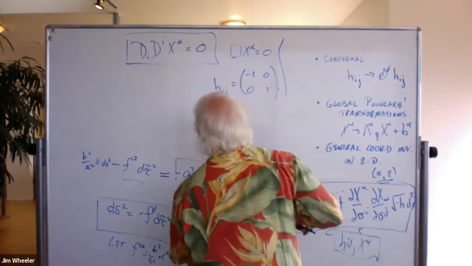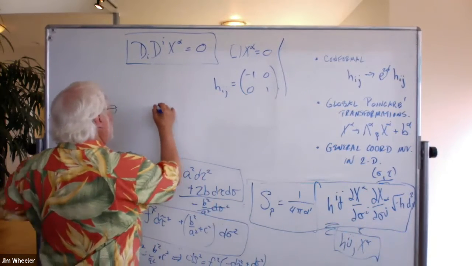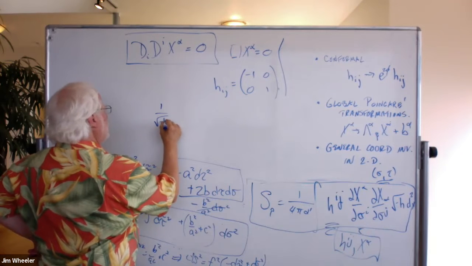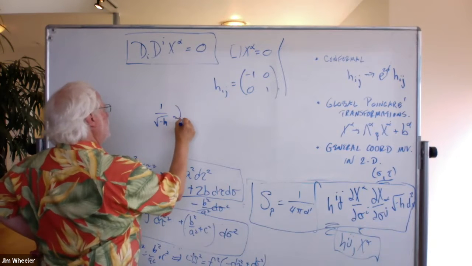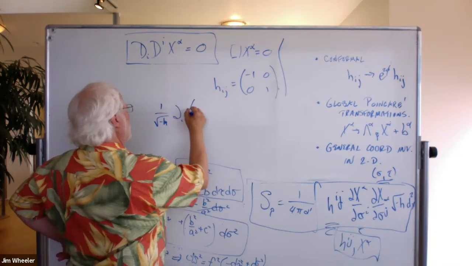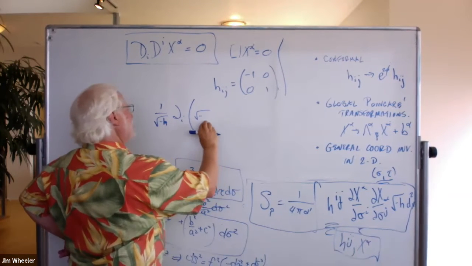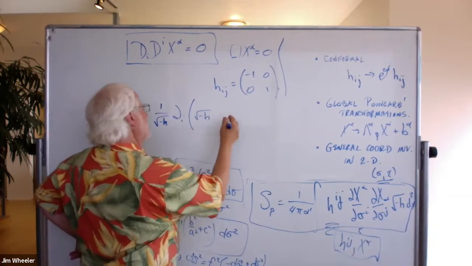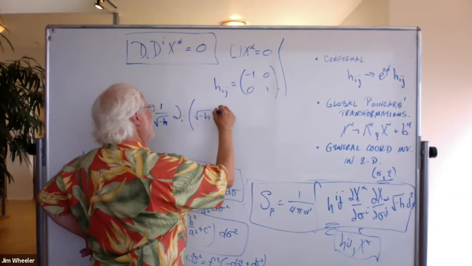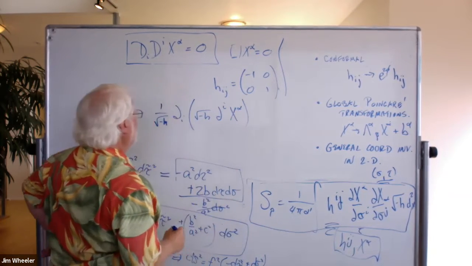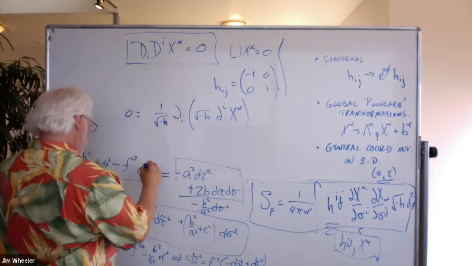So making all these choices, we have 1 over the square root of the determinant of minus h, d sigma i of, used to general relativity here, I keep writing g, then this would be the partial i of x alpha, equal to 0.